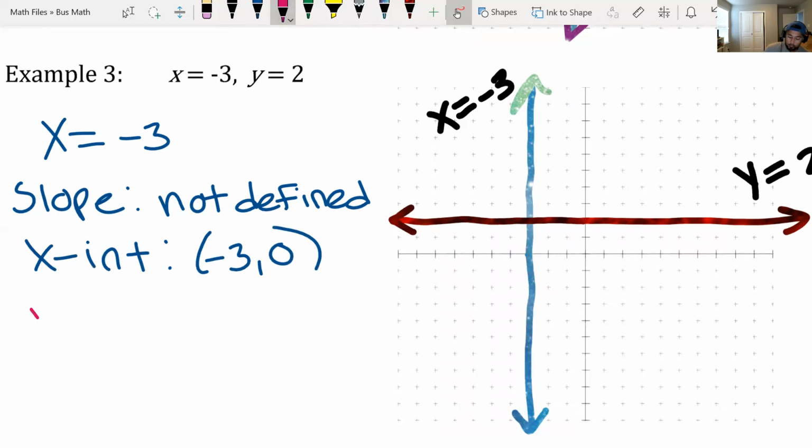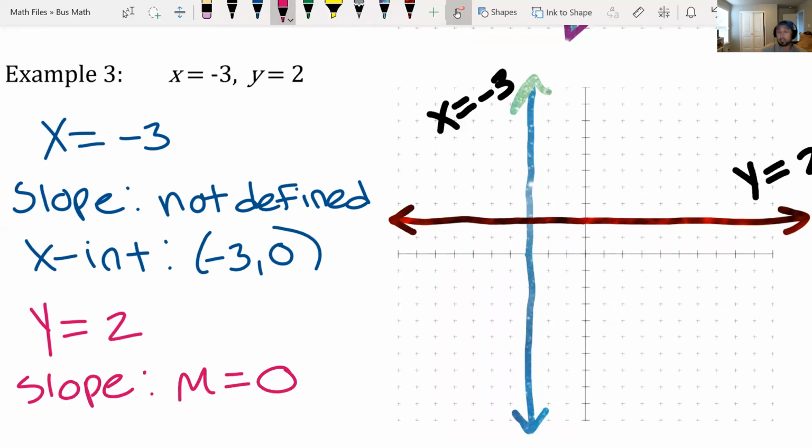And then for y equals 2, the slope is 0, because all horizontal lines have a slope of 0. Okay.